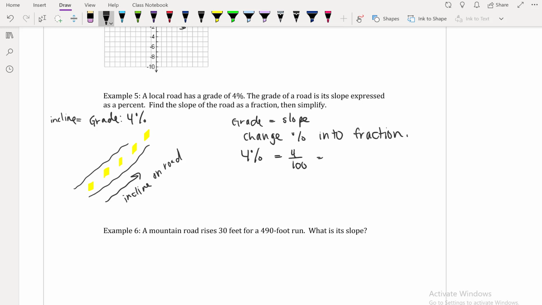To reduce that, you would divide both by 2. So then you're going to get 1/25. So now that I went from a percentage to a fraction, my m is going to be 1/25.